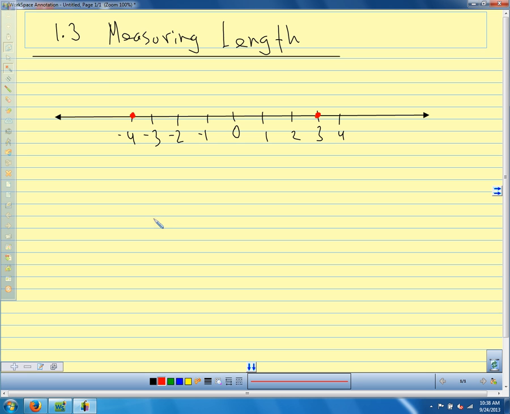7. So if we call this point A and this point B, we would say the length of AB, which we just write as AB, equals 7. So this means the length of segment AB.